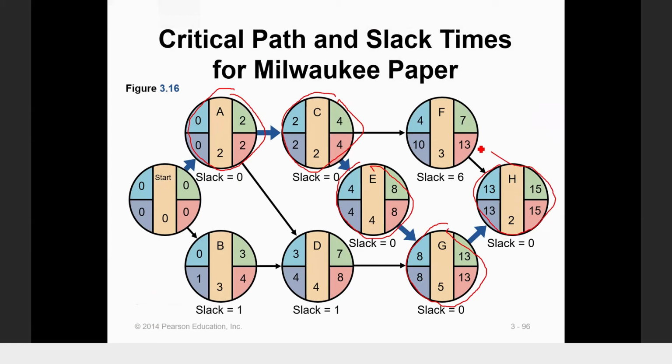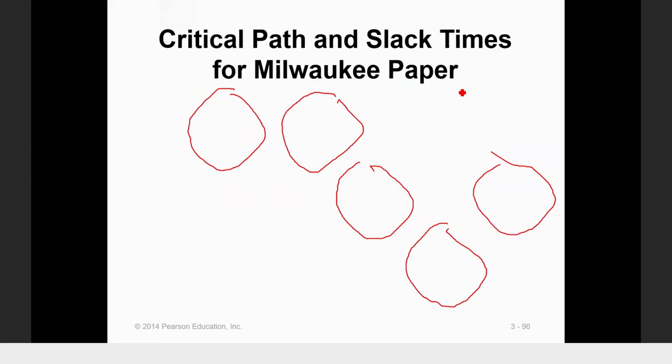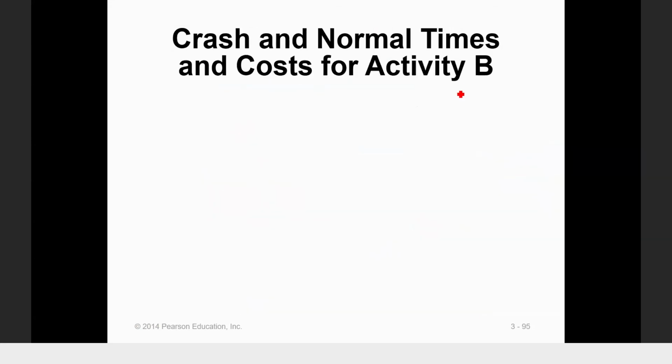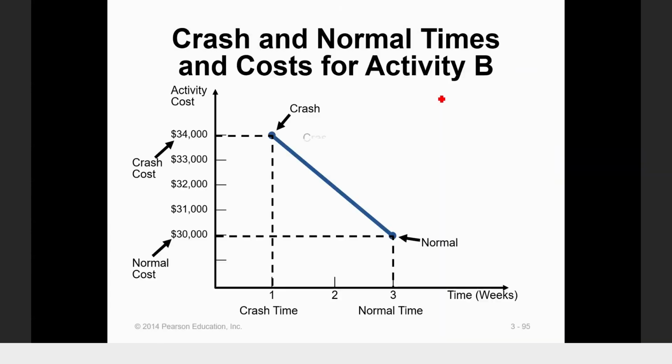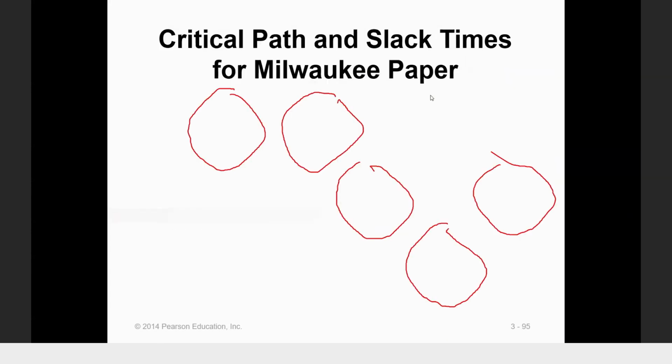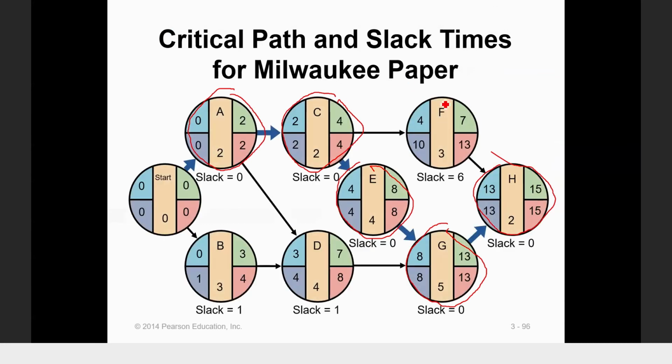Can someone refer back to the earlier slide? What is the cost? The cost for F was 500, right? F is 500. Here is 500 if we crash, but we don't select this one. This is additional cost.